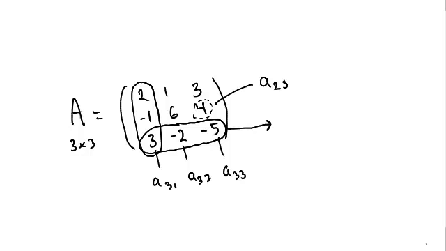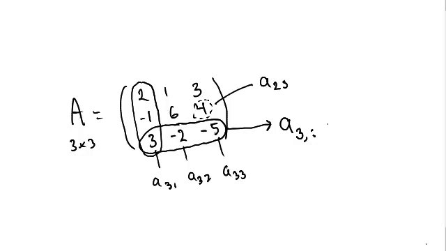This is why I will refer to the third row as A3, comma, and then a colon, like this. So 3 means that we're dealing with the third row, and the colon means that we should basically use all possible values for the second index, 1 through 3. So that will be the notation for the third row.